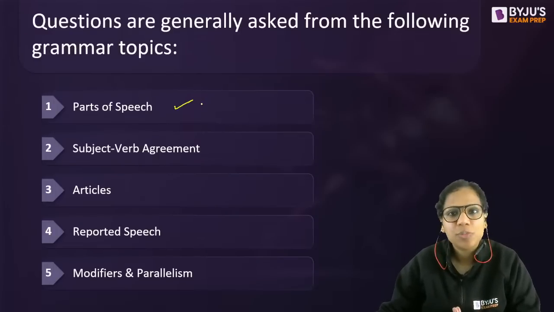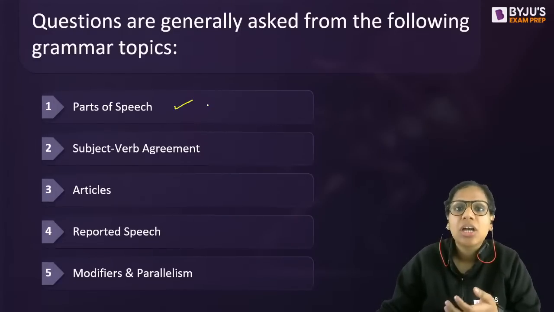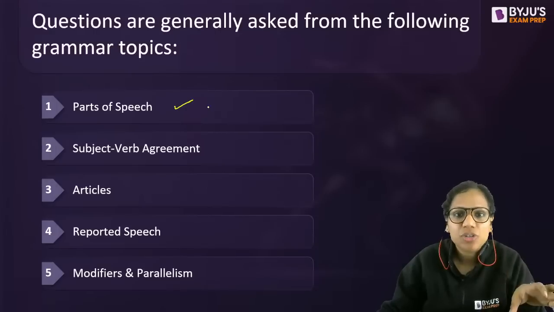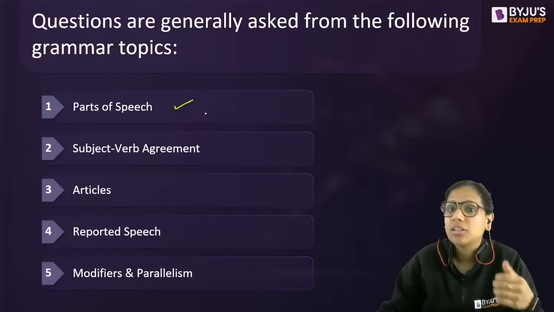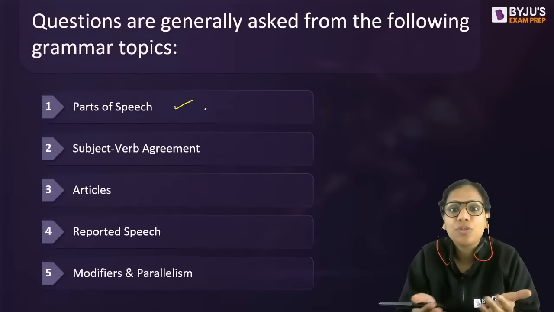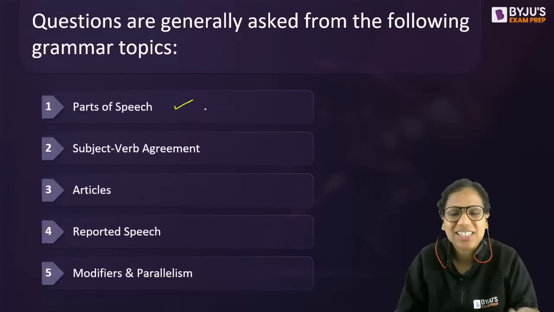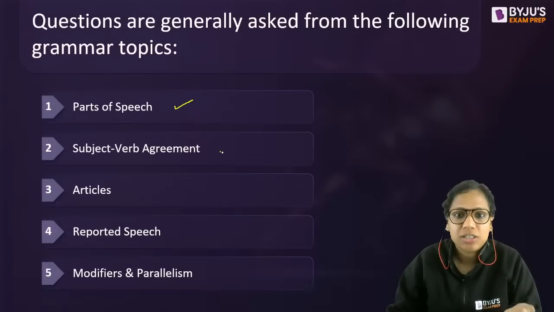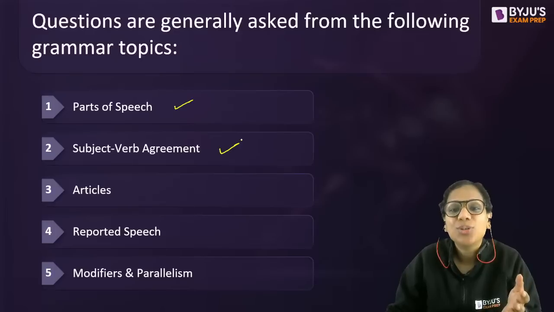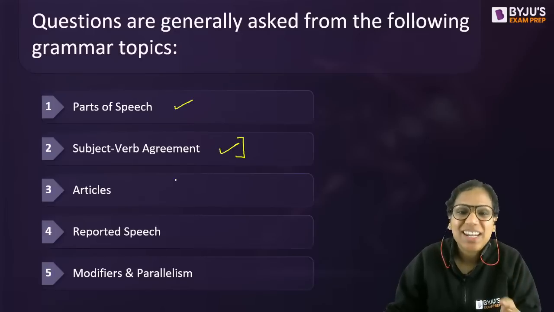Parts of speech. When I say parts of speech, I am not just talking about the 8 parts of speech, but also their properties. For instance, verbs exhibit this property of tenses, so you can be questioned on tenses. You can be questioned on active passive voice. Subject verb agreement, a very fertile ground to frame questions from. Articles, a and the.